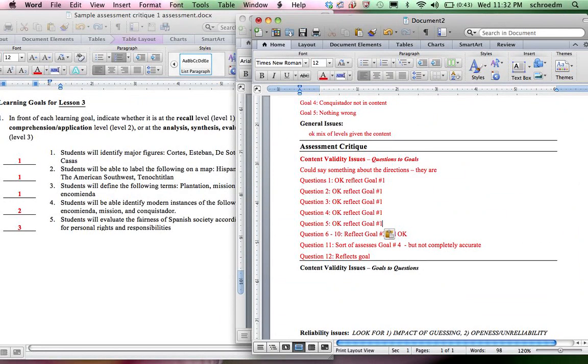And it doesn't really reflect it in the same way. They're really more describing the differences between something that is a plantation. It's just a modern plantation, so they're not having to identify a modern plantation out of a list of options or come up with one on their own. So it doesn't really accurately reflect goal 4, and I'm not even sure it does it at the right level, if they're just remembering the things that they saw.